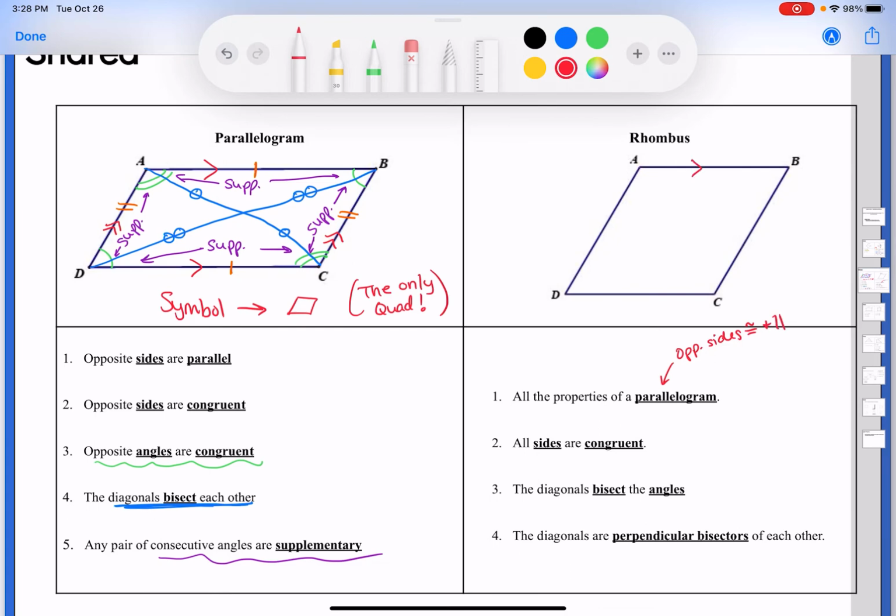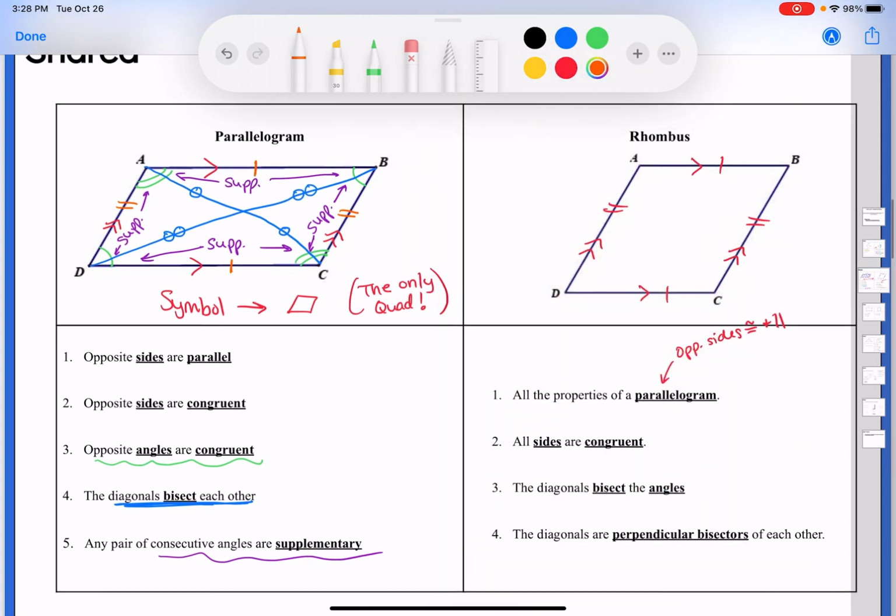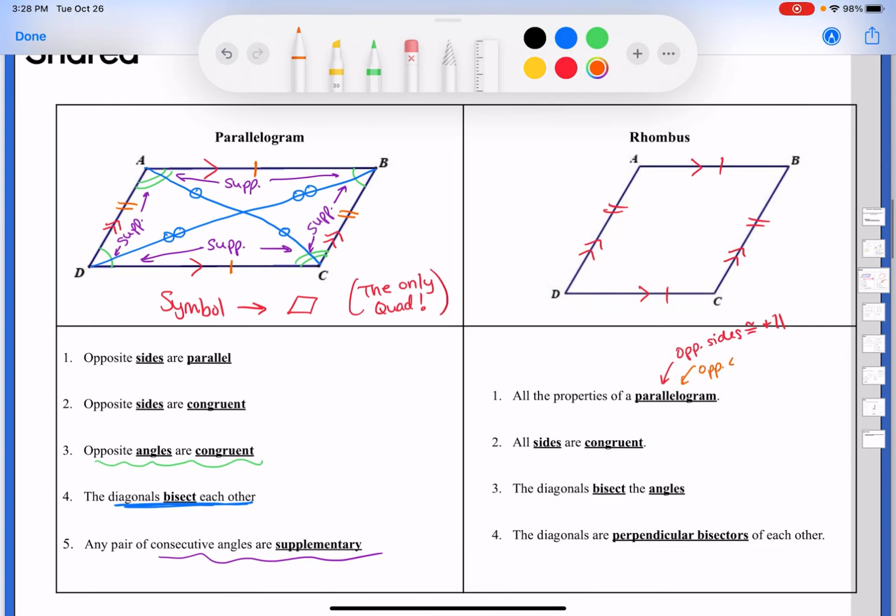All of those things that we just marked for our parallelogram, I could mark the same things for a rhombus. It means the opposite angles are congruent. Right? It means that the diagonals bisect each other. All of that stuff comes into play.